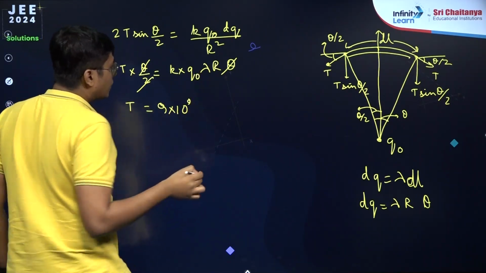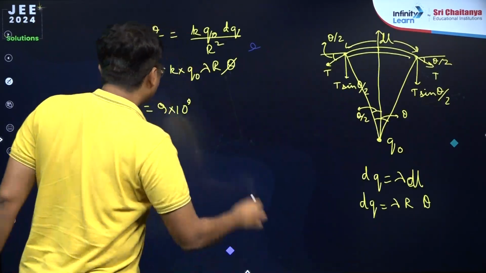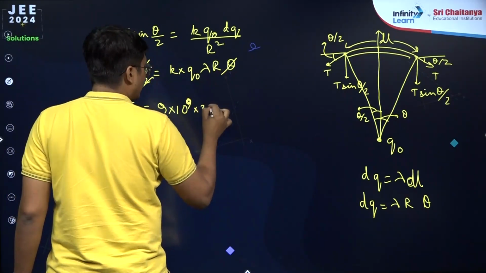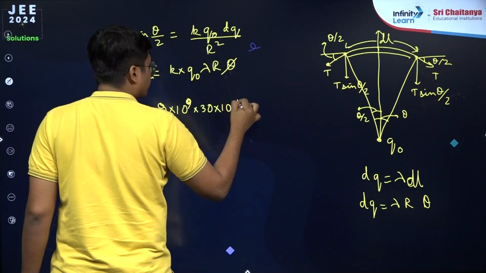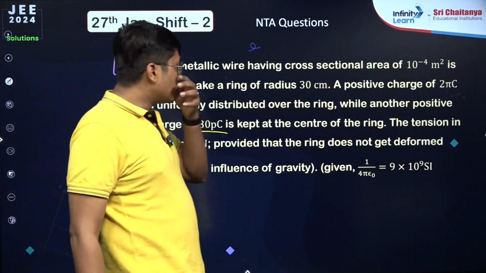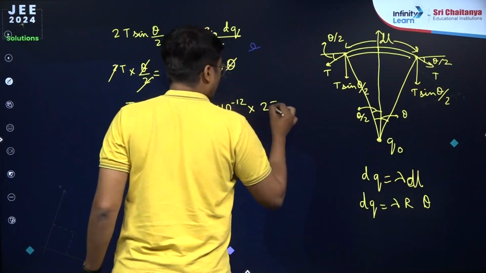So this is q naught. Q naught is given as 30 picocoulomb, 30 into 10 to the power minus 12. Lambda is the charge per unit length. So the charge is 2 pi coulombs.